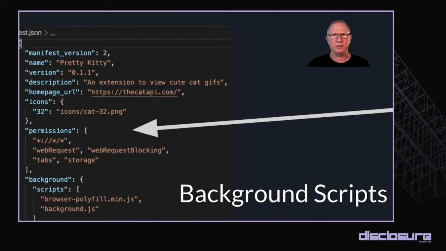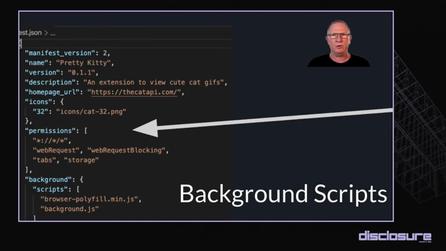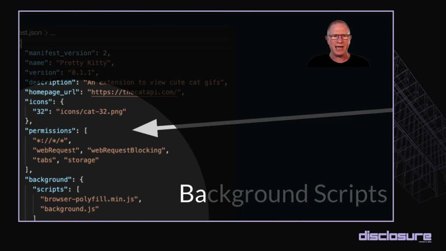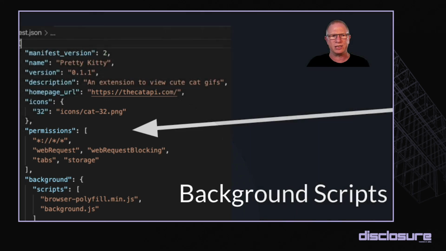That's what allows me to manipulate the URL, and importantly, to manipulate the URL in a blocking way. That is, I can intercept a URL that you've requested or that the page has requested, alter it, and then let it continue. I'm also asking for permission to the tabs of your browser and for the storage system.